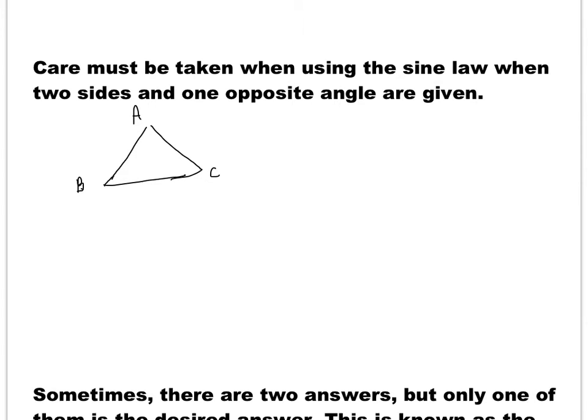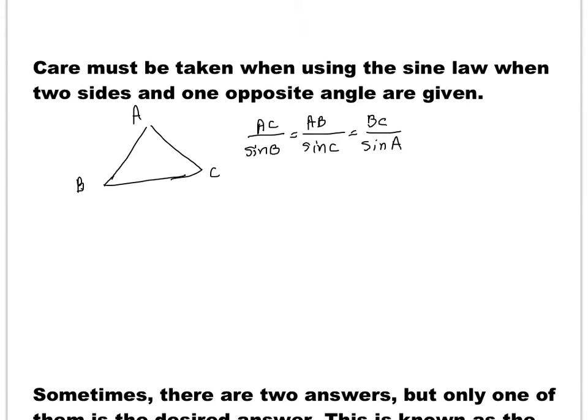It says that side AC divided by sine B is equal to side AB divided by sine C, which is equal to BC divided by sine A.